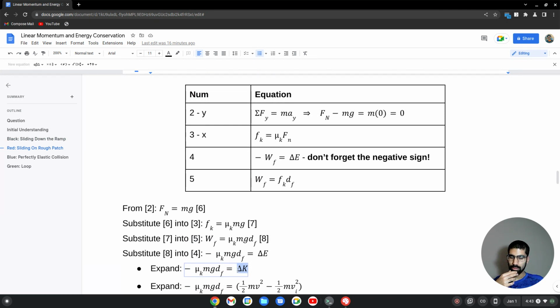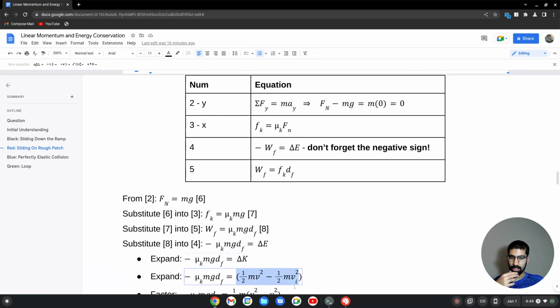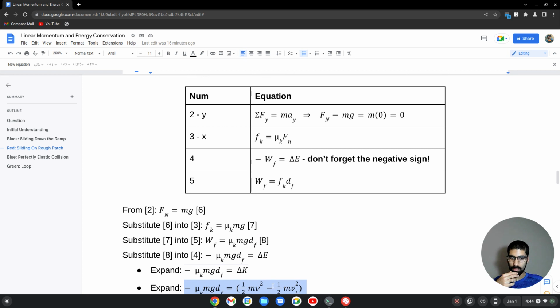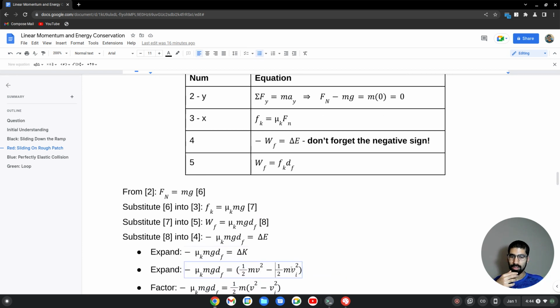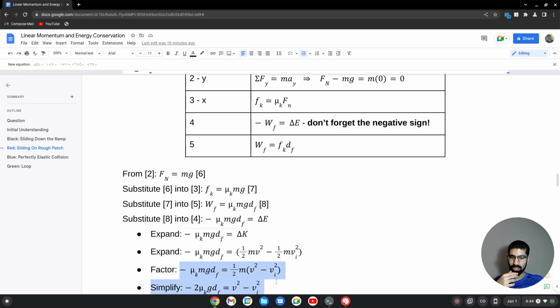And so when I expand that out a little bit, again, mess with subscripts, I just clean this up a little bit and divide by mass on both sides so I can get rid of that term. Multiply by 2 on both sides so I can get rid of this 1/2.